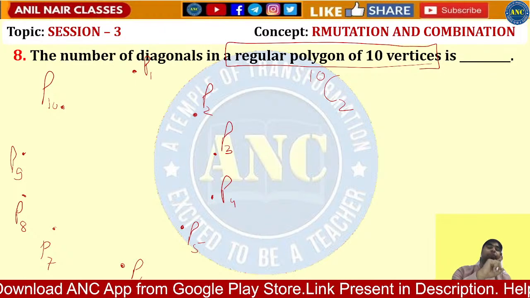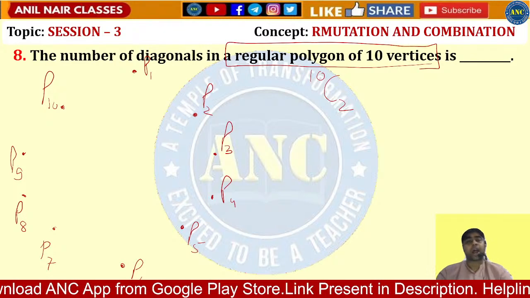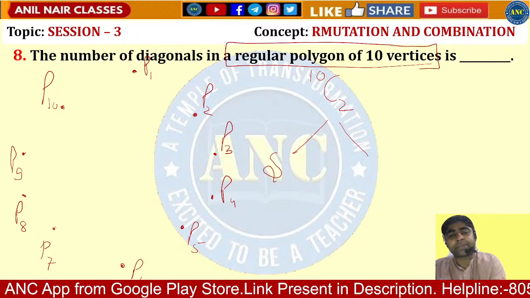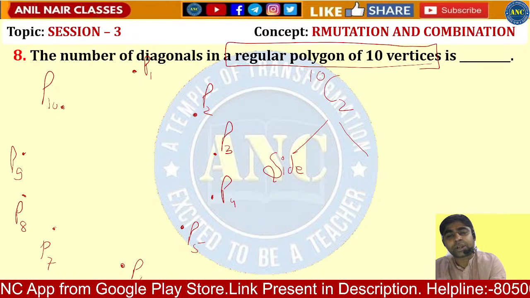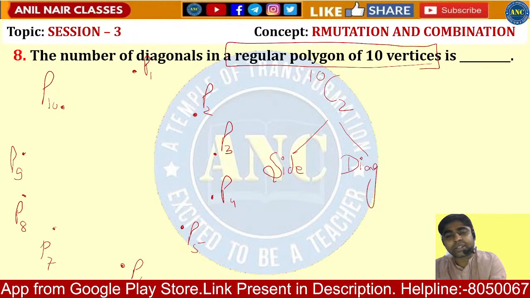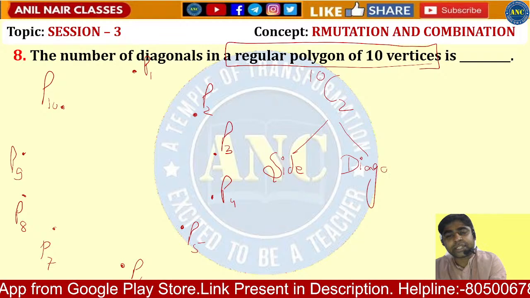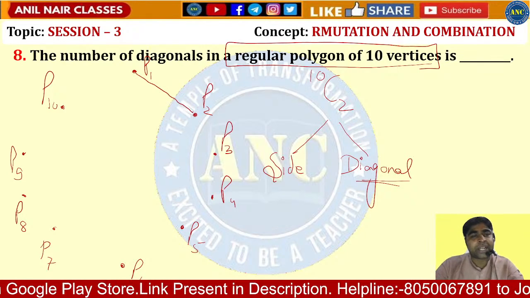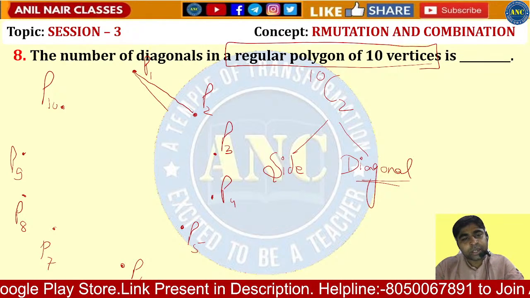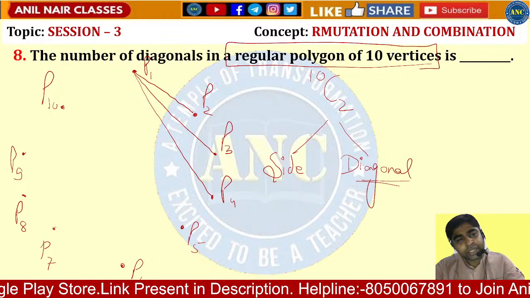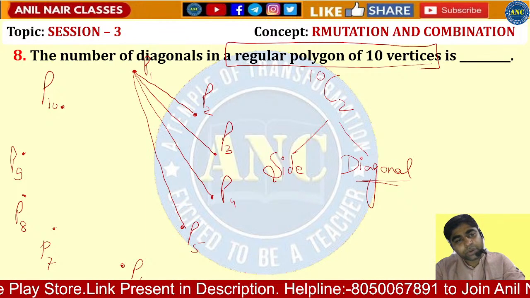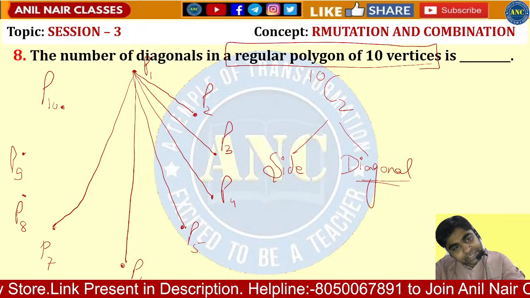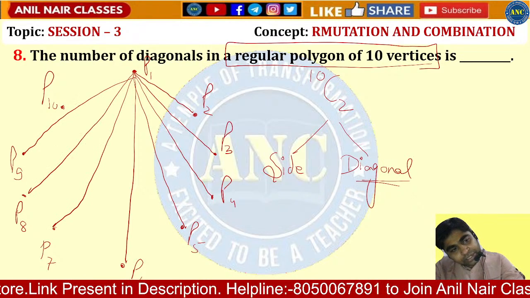Out of the 10C2 lines that will be formed, there can be two things. It can either be a side or it can be a diagonal. These are the only options possible. See, from P1, how many lines can I make? 1, 2, 3, 4, 5, 6, 7, 8, and 9.